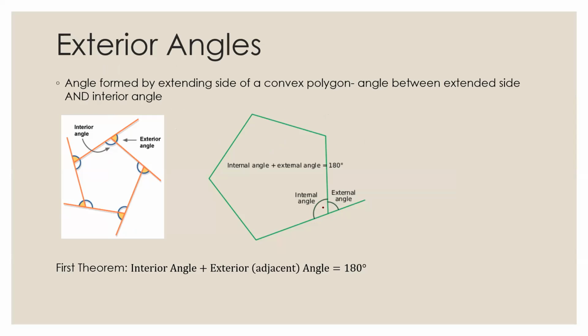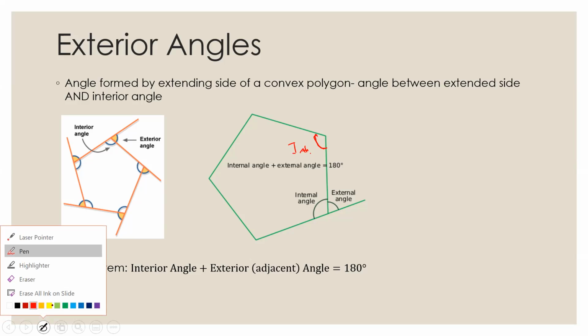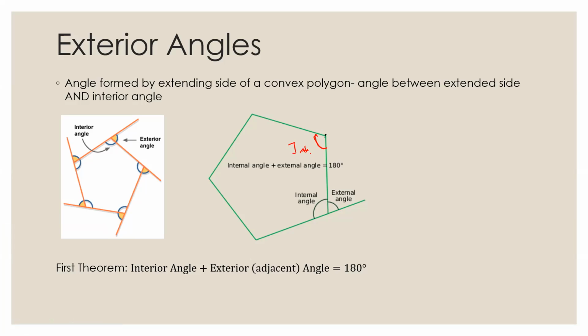If this is my interior angle, and I extend this polygon line and continue it on, making it a straight line over here, I will see that this angle directly adjacent to it, or next to it, is our exterior angle. So it's just formed by extending out the side of the convex polygon.